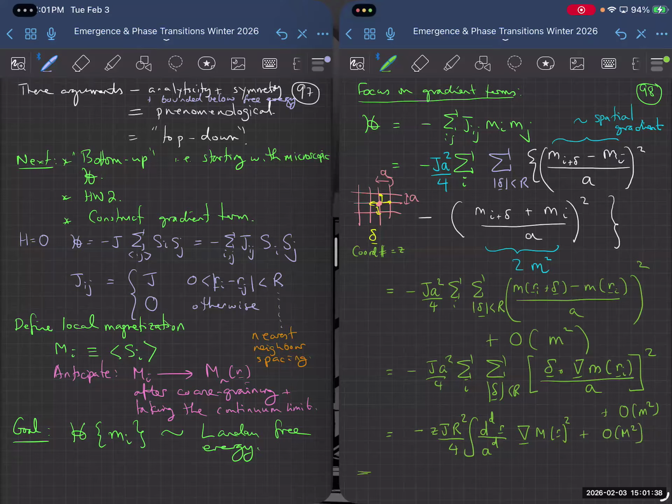And so that means I can write this as minus some gamma, grad m squared, integral d^d r. And this gamma is something like R squared times J times the coordination number over 4 a^d.